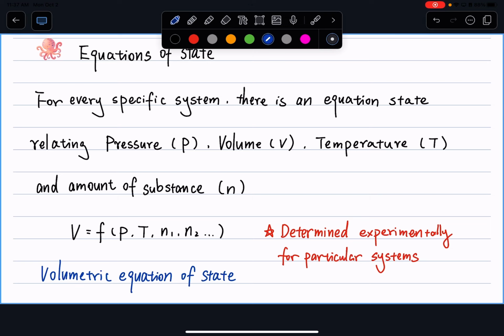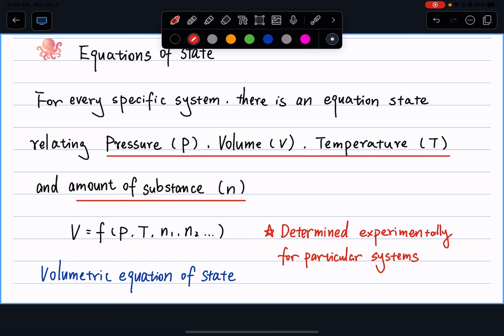That equation of state tells you the relationship between pressure, volume, temperature, and amount of substance of that system of interest. For any system, you can imagine this bottle of hand sanitizer, you have a relationship linking these macroscopic properties together with each other.